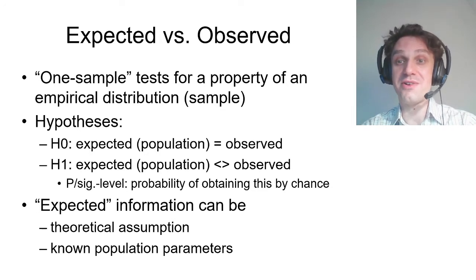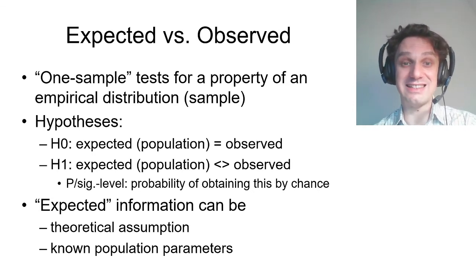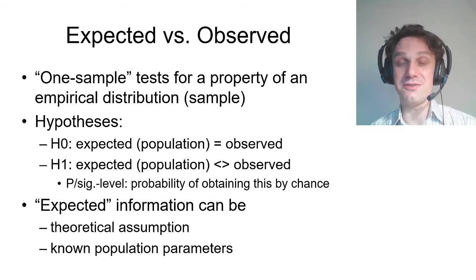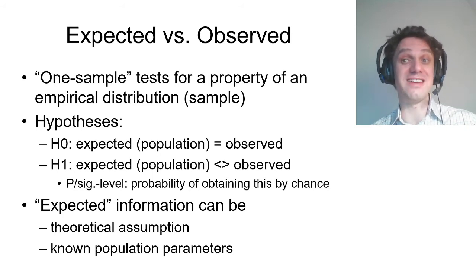So hypothesis H0 for all these tests states that your observed distribution is drawn from a population with an expected property, for example, with a mean score of 3.